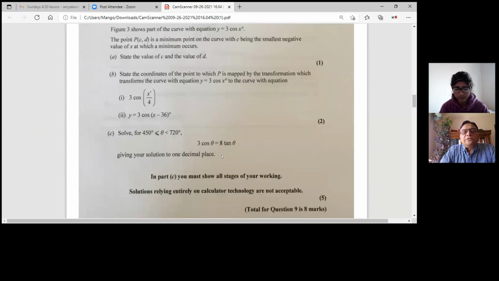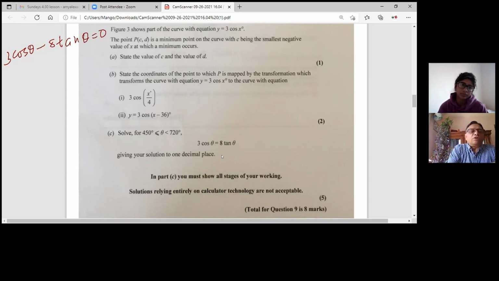We can bring all the terms together to one side and then solve it. So 3 cos theta minus 8 tan theta equals 0, correct? So we get our equation.